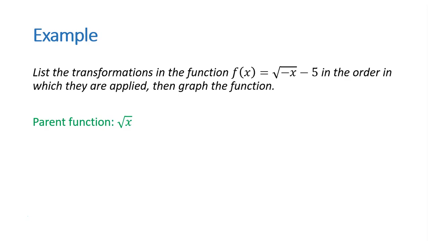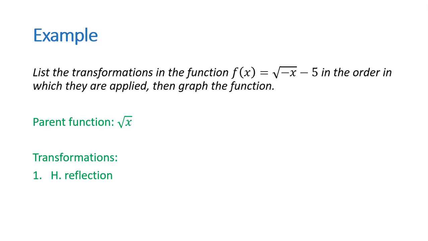The next one is reflections. We have a reflection if we're multiplying by a negative. So either the function itself is multiplied by a negative or the input is multiplied by a negative. In this case, x is being multiplied by a negative 1. So that means we have a horizontal reflection. That is going to be the first transformation we apply to our particular parent graph.